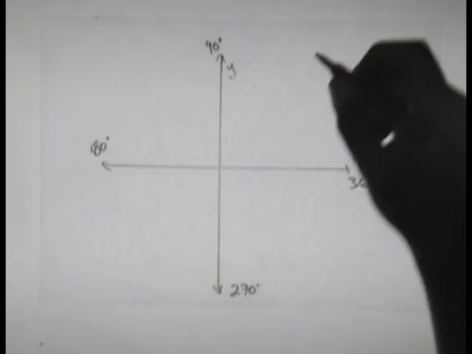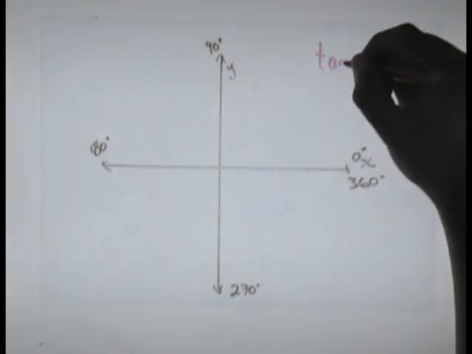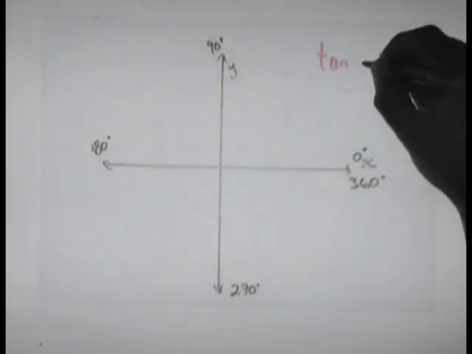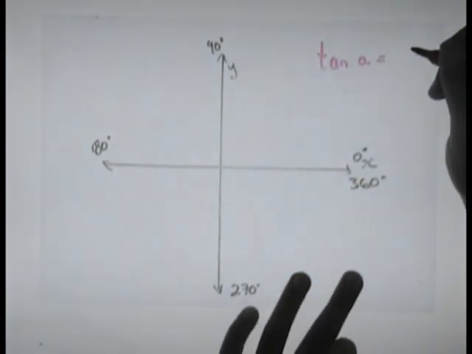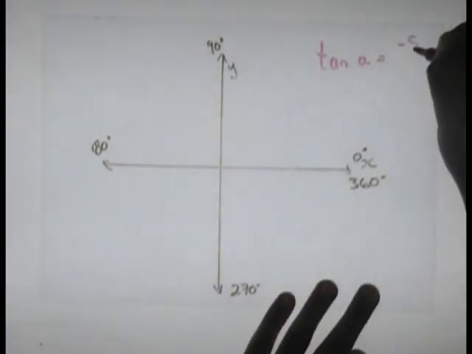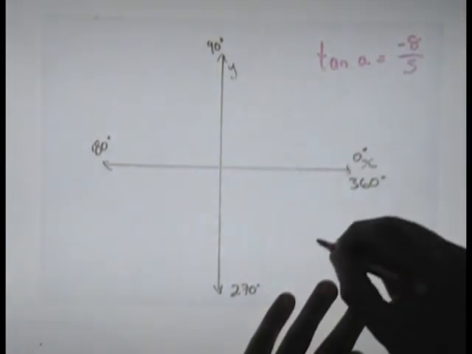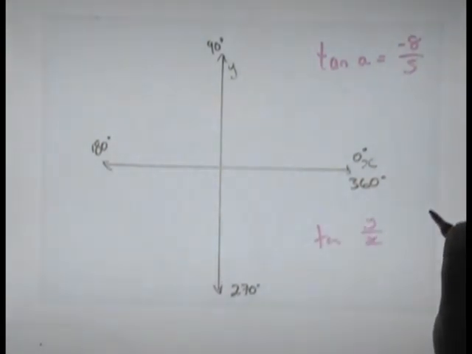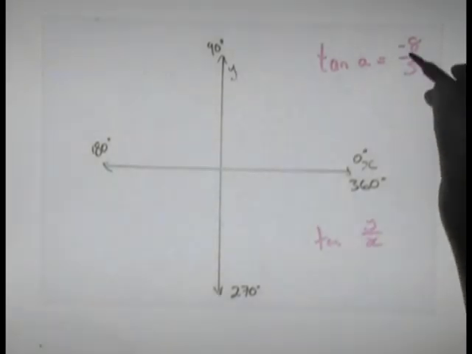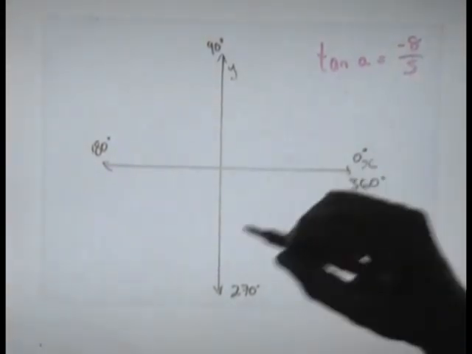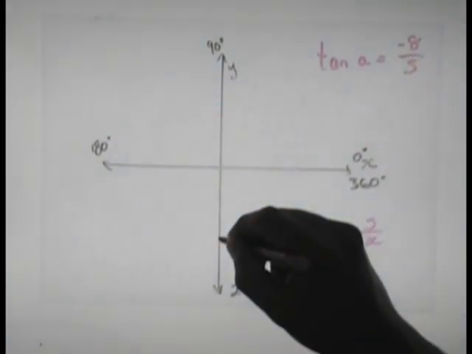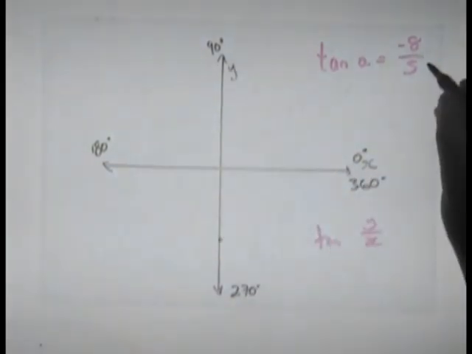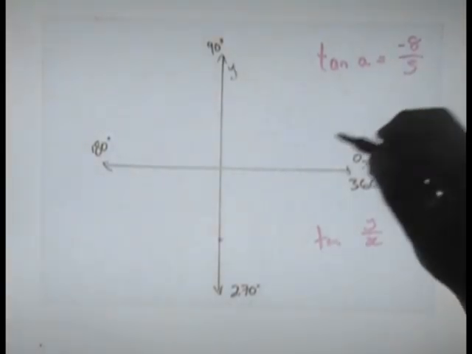The last one I gave you to do said tan of A is equal to negative 8 over 5. Now remember that tan is the function y over x. We are looking for y being equal to negative 8. That's over there. Y is equal to negative 8, and x is equal to positive 5.